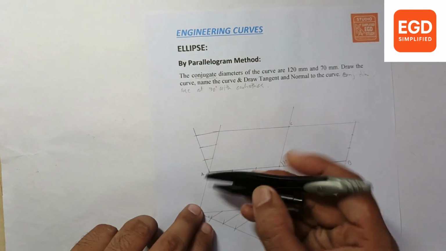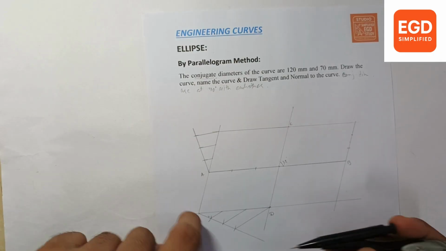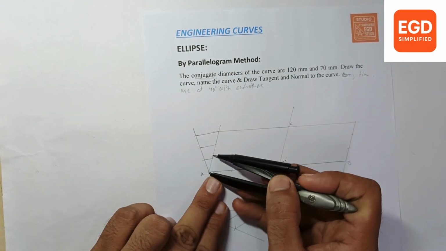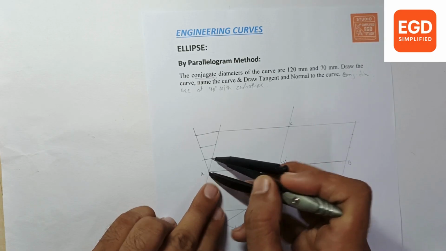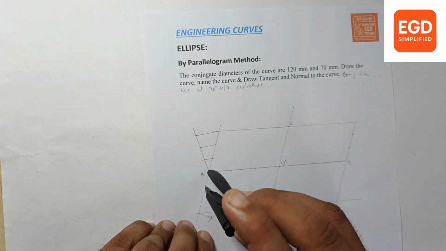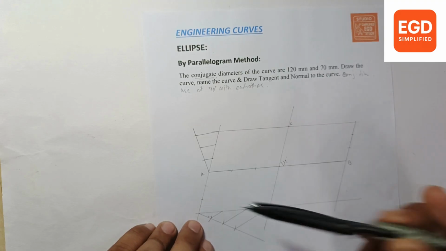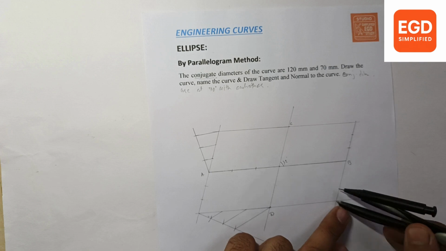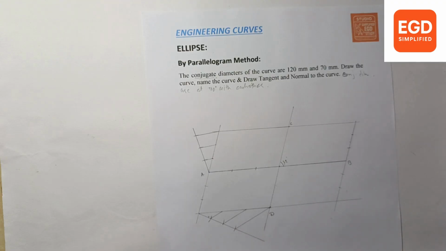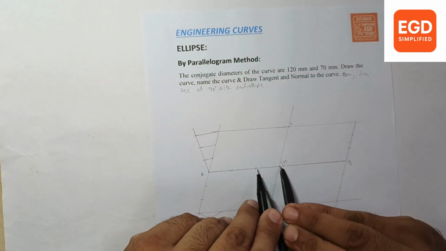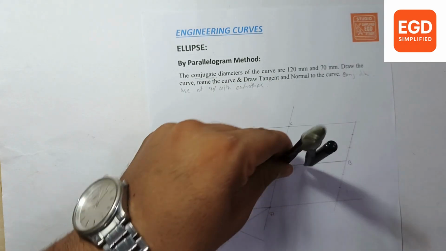Similarly, we can draw arcs and divide this line also, as well as we can transfer the dimensions from this, because all the lengths of this parallelogram are equal. Same to same from this portion to this portion.